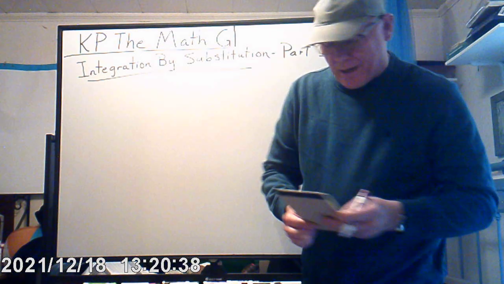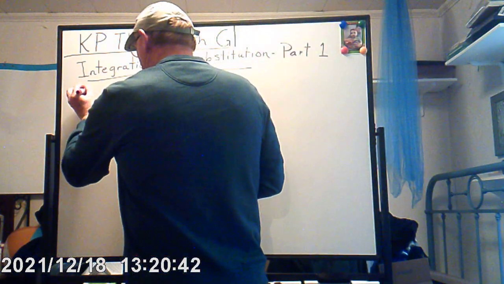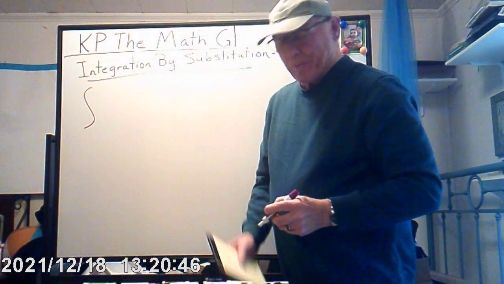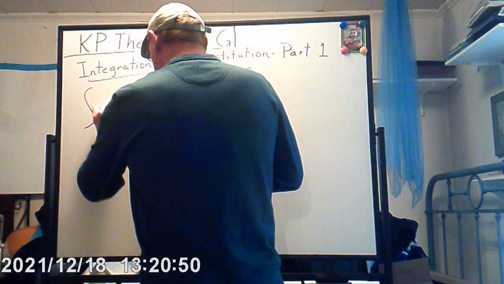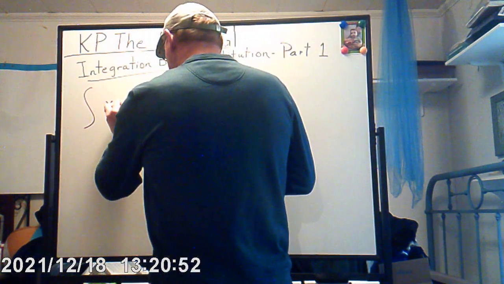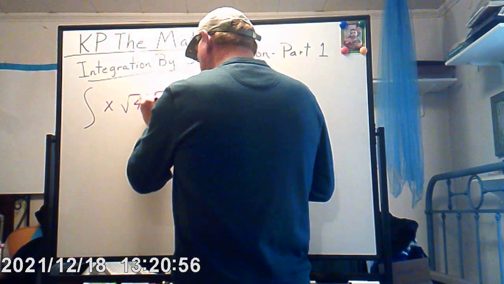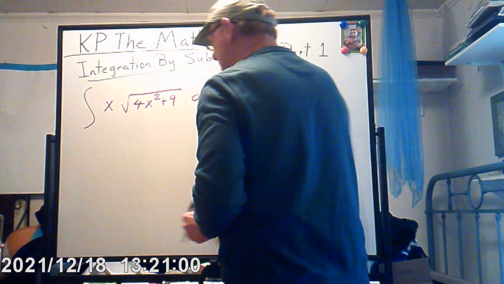I just want to look at a few examples. I'm thinking about doing 3 examples. So let's see how this works. We're just going to say x times the square root of 4x squared plus 9 dx.